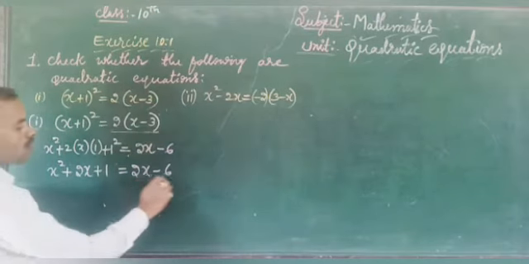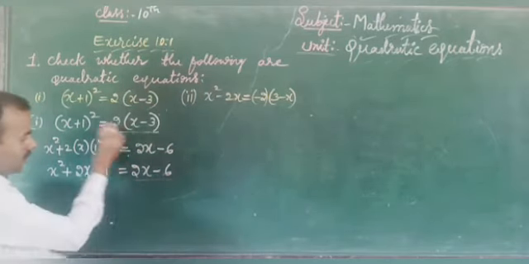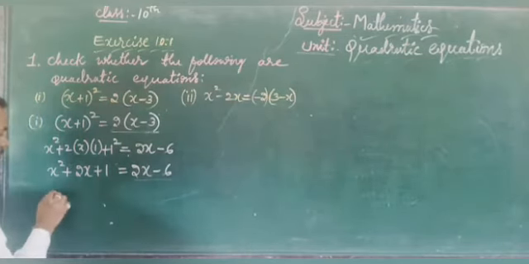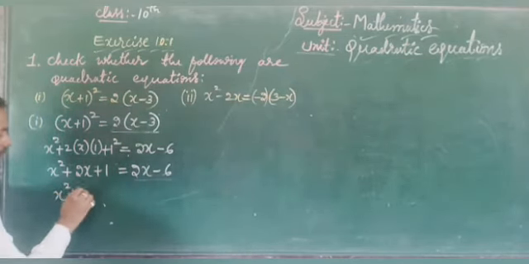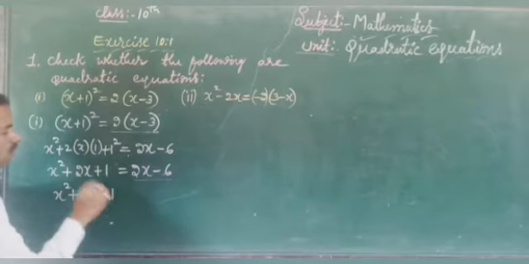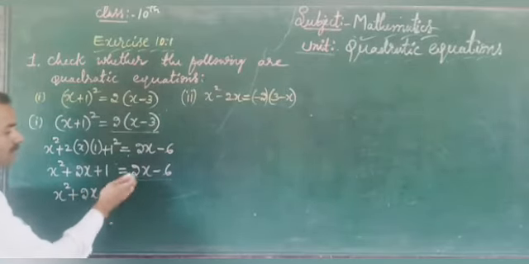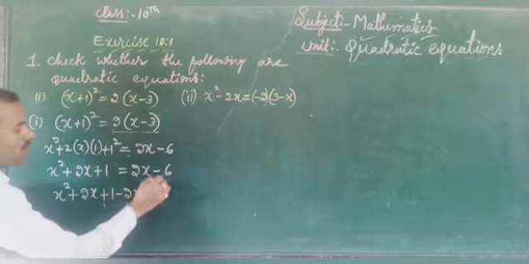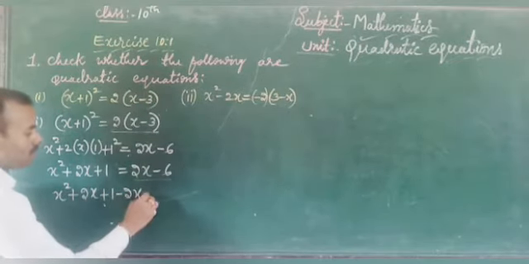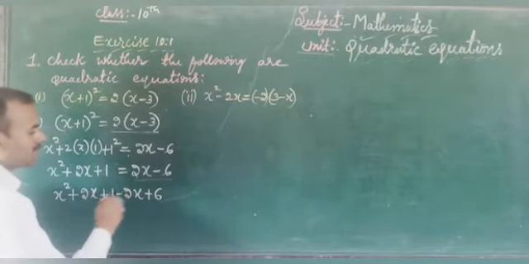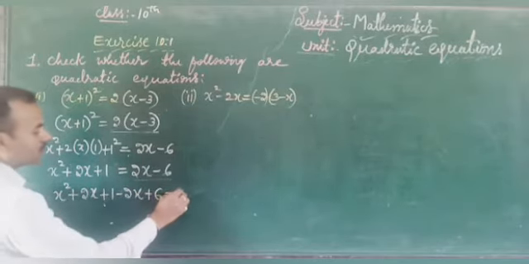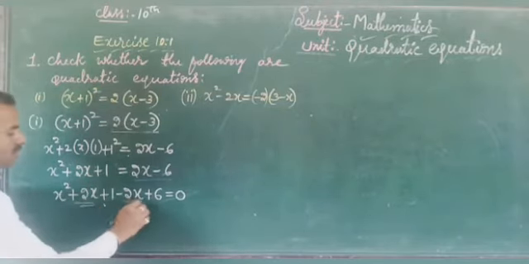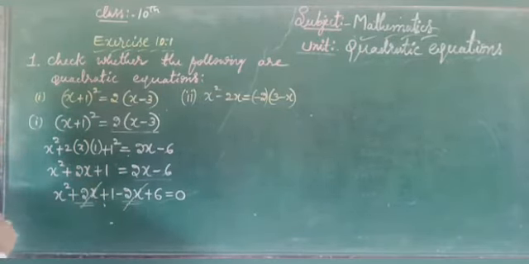Now transpose the RHS 2x minus 6 into the LHS. x square plus 2x plus 1, here plus 2x becomes minus 2x, minus 6 becomes plus 6, and the RHS is 0. So here plus 2x minus 2x get cancelled.